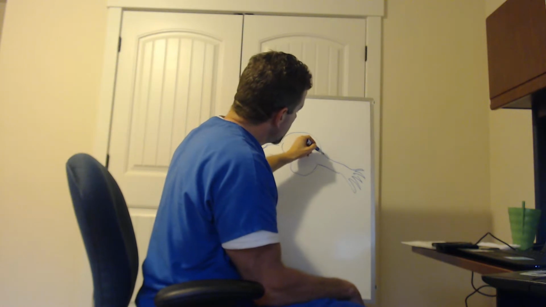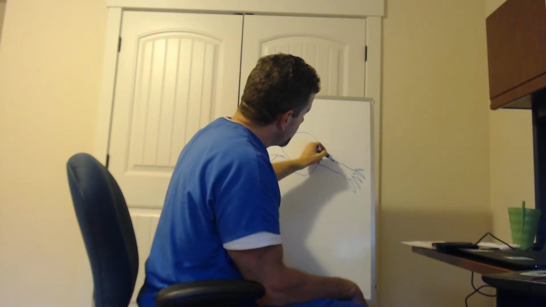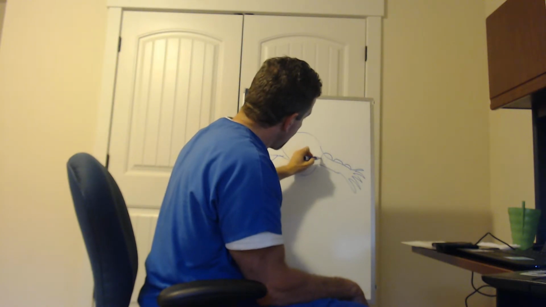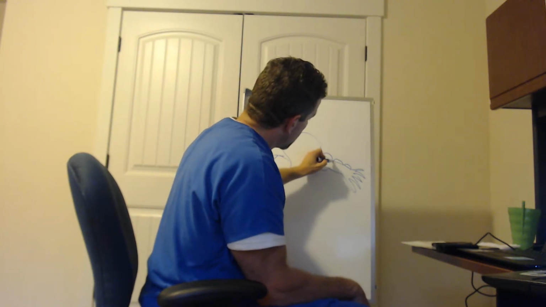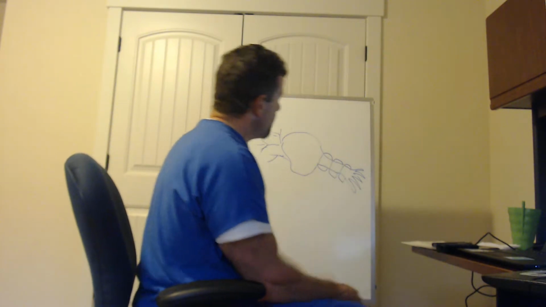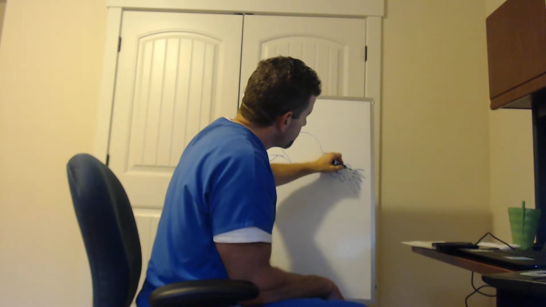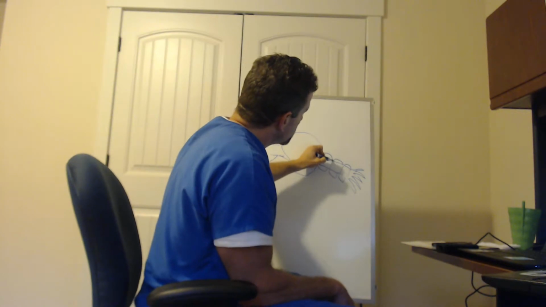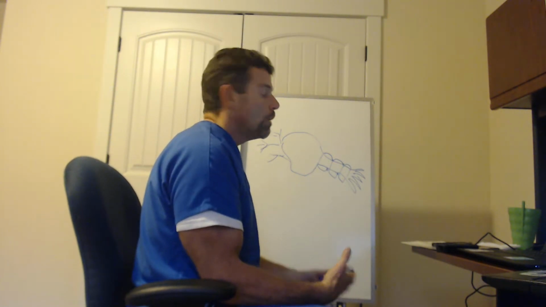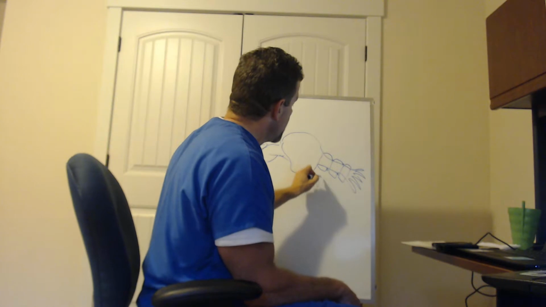But along the length of this axon, we have a coating of myelin. They always describe it as a jelly roll appearance. But between the myelin, we have little areas where the nerve is not myelinated, and we call those the nodes of Ranvier.